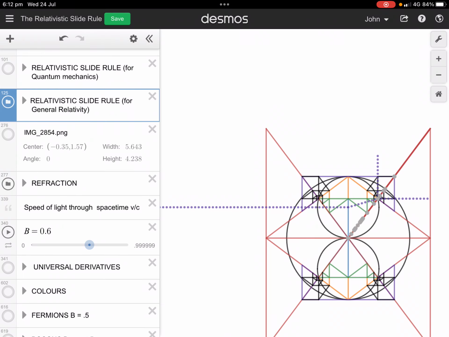a line of simultaneous space, which is like the surface of a material, whereas this line here, which is perpendicular, that's the normal, that's the line of simultaneous time.